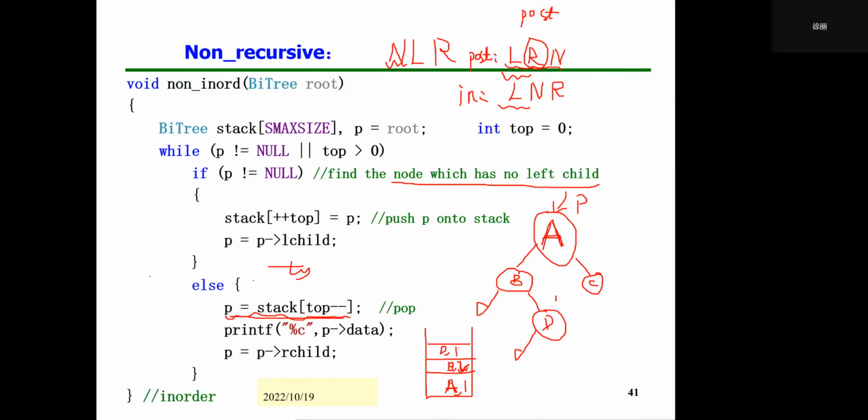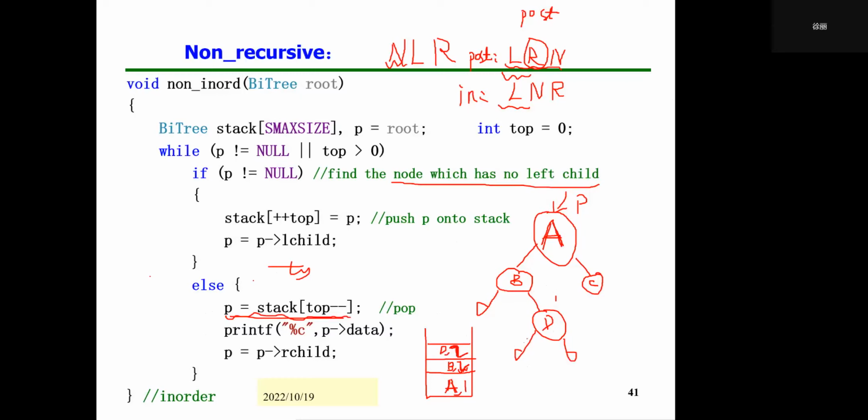Okay, that is now 2. So we need to pop. Then now the flag is 2. That means we can visit D now because the flag is 2. So we visit D. We pop D. Since the flag is 2, we can visit it. So we visit D.